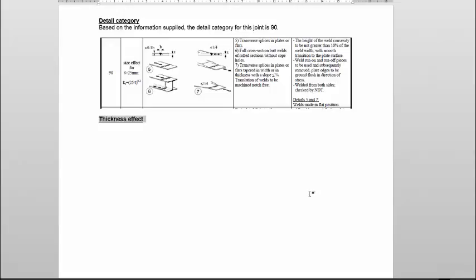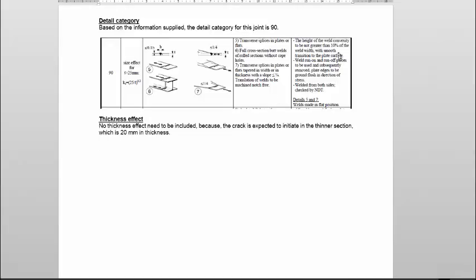And I will motivate why. No thickness effect needs to be included because the crack is expected to initiate in the thinner section, which is 20 millimeter in thickness. We don't expect it to initiate in the thicker part, so no thickness effect needs to be taken into consideration.